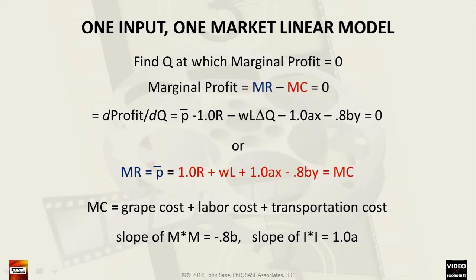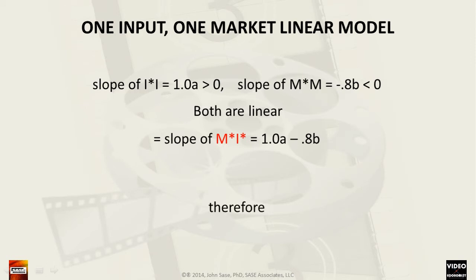Therefore, the critical values for the determination of the optimal location are A, the rate per ton mile for grapes, and B, the rate per ton mile for wine. Both transport cost functions are linear, though inversely related. The one for grape transport is positive, while the one for wine transport is negative.